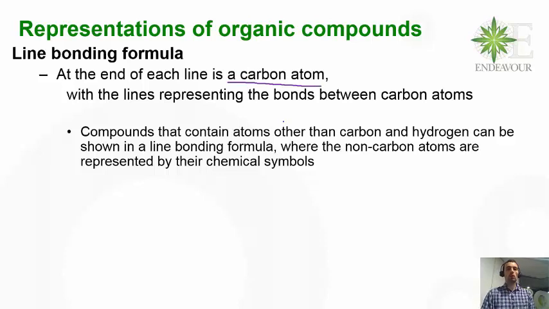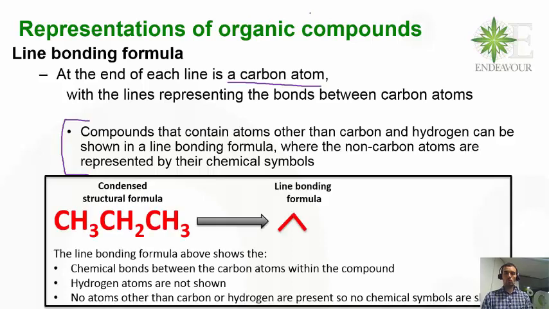So this is most commonly used for hydrocarbon compounds that only contain carbon and hydrogen, but it can be used with other atom types as well. For example, if there was an oxygen in there or a fluorine, then you would have a line that shows that atom type at the end there. So I'll show you that in a little while.